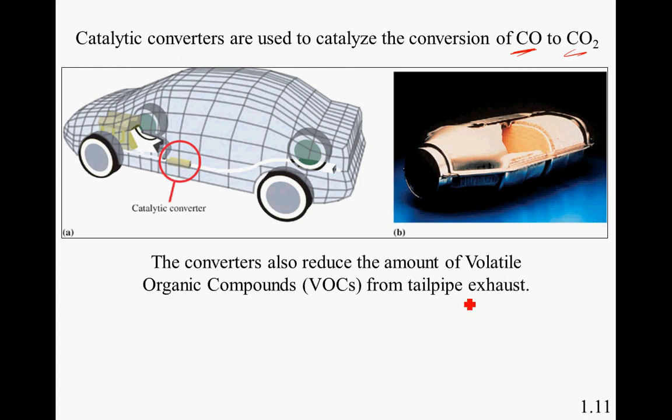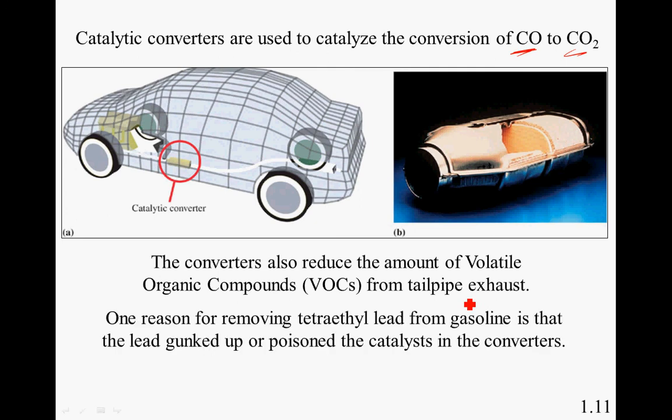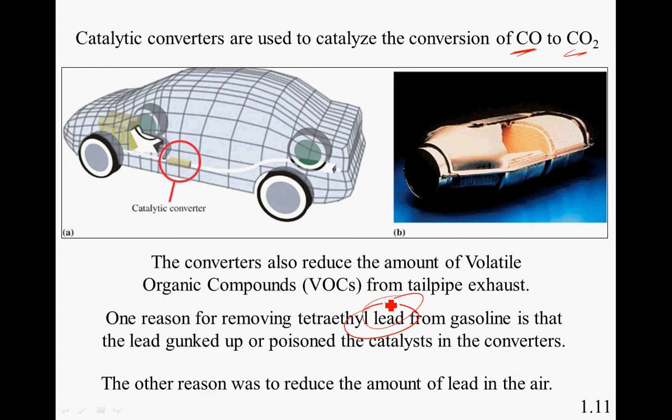Those are other organic compounds that are dangerous. We actually remove lead from the gasoline. That's why you always see unleaded gasoline, because of the catalytic converters, amongst other reasons. The gasoline actually corroded the catalytic converters when it had lead in it. Plus, you'd be adding more lead to the air.